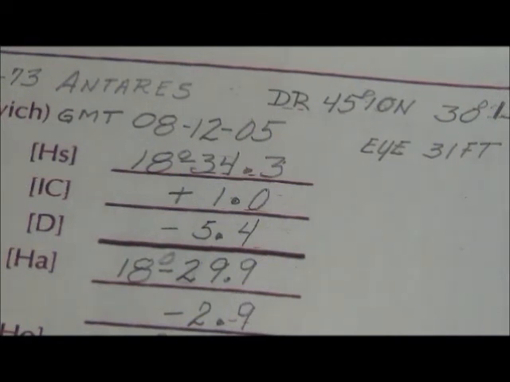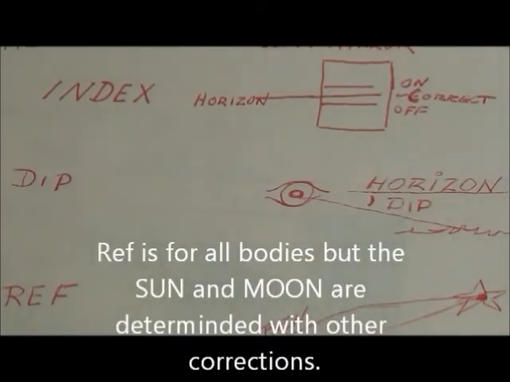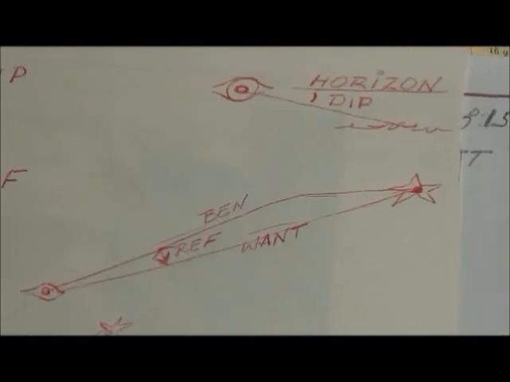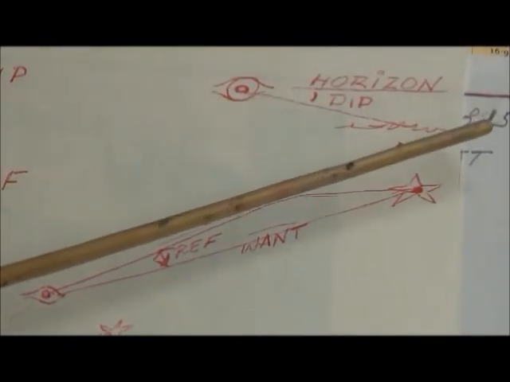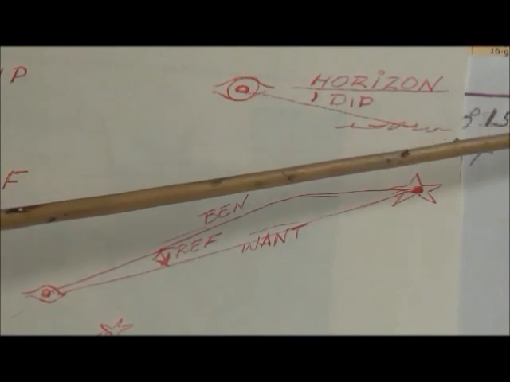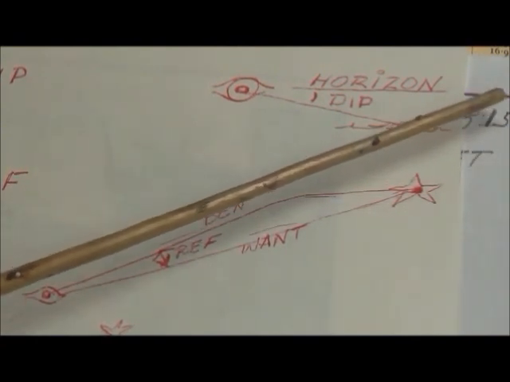So the next thing we have to do is correct for refraction when it comes to a star. Refraction simply means this: the light from the star is coming directly towards you, but when it hits the atmosphere, it bends towards the perpendicular.